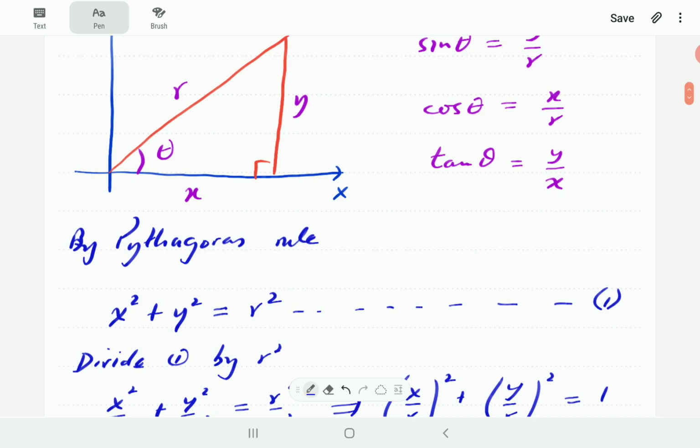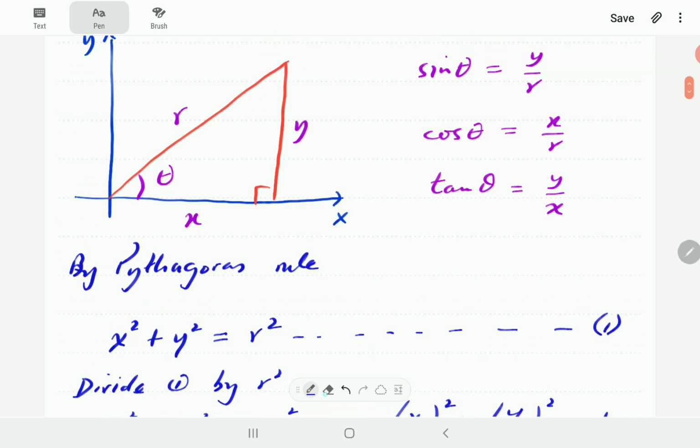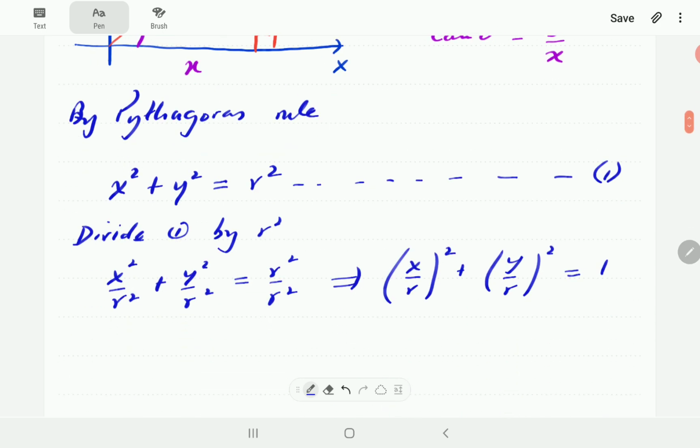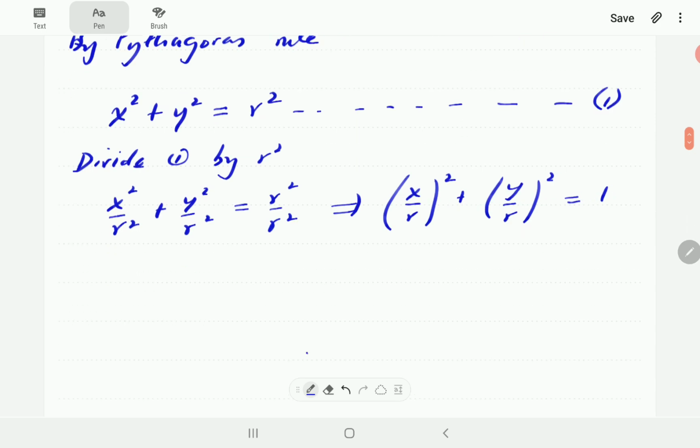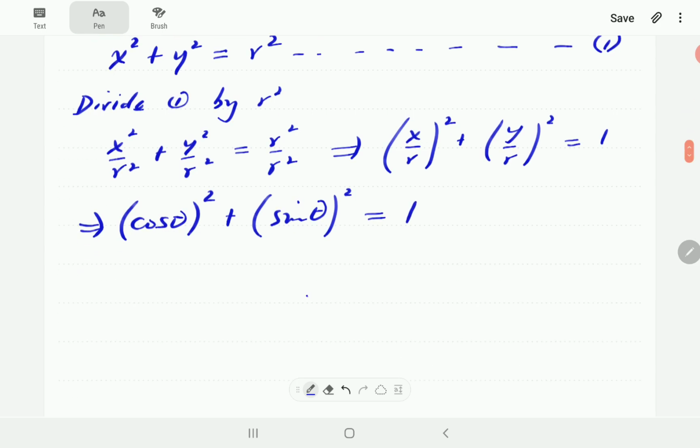Then from our formulas here, we can see that x over r is cosine theta, and y over r is sine theta. So this is simply implying that cosine theta squared plus sine theta squared is equal to 1.